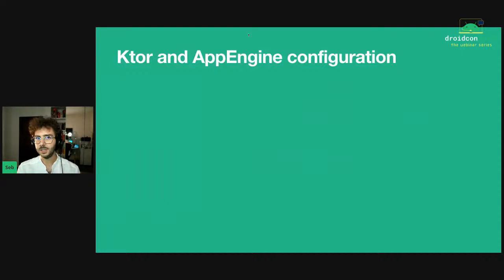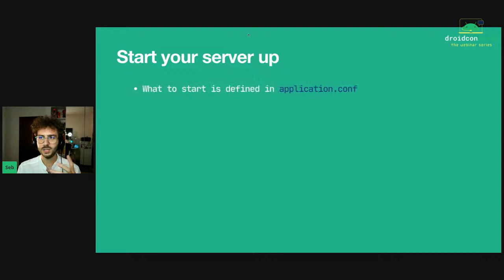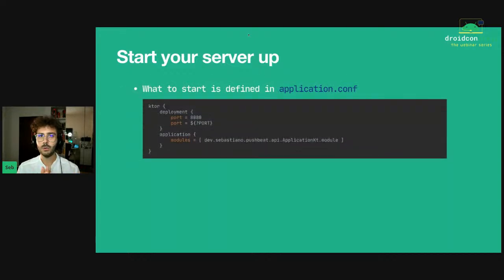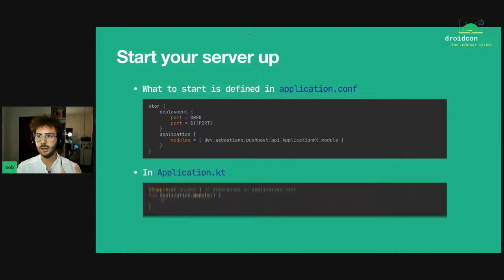So starting up the server, how exactly does it work? How do we say to Ktor what to run? Well, if we look in the application.conf, you can see we have defined the port that this runs on, which is 8080, or if defined elsewhere in the environment, then that one. And we define the fully qualified path of a Kotlin function that is our startup point.